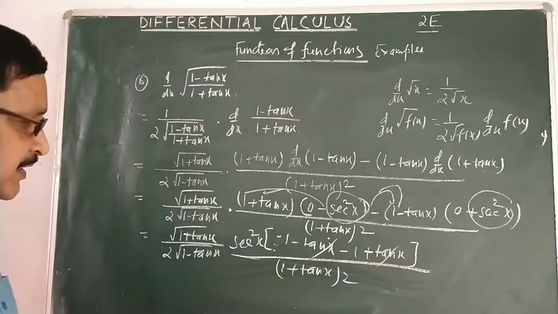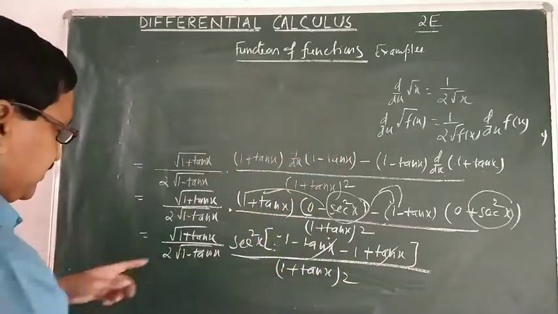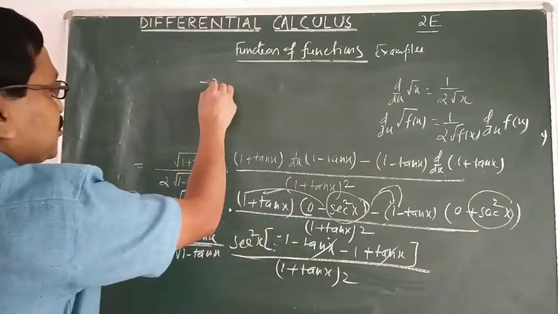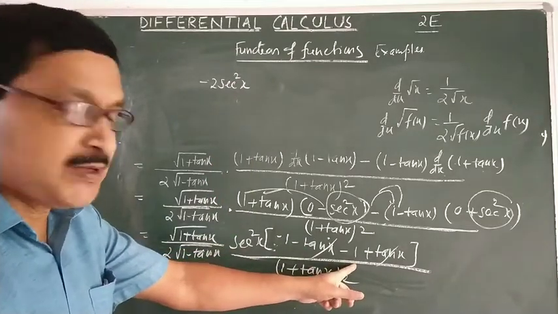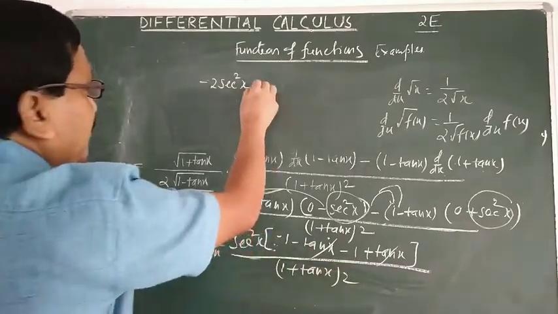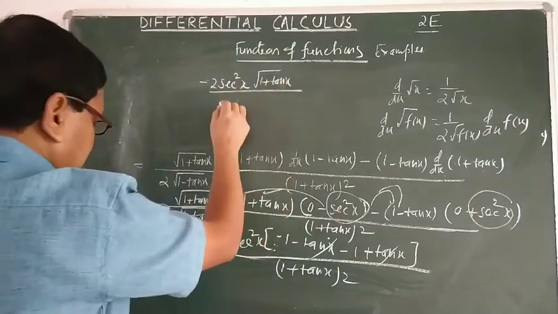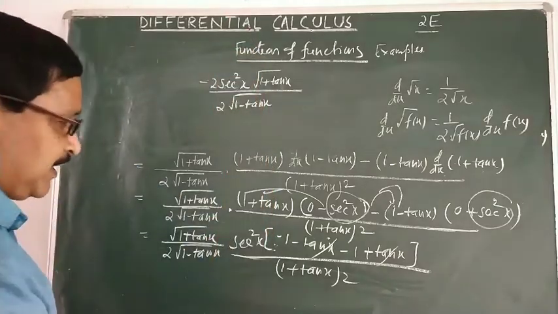Now the tan x cancels and you are getting the final answer. Just see this: sec square x and minus 2. So minus 2 sec square x. This is minus 2 minus 1 minus 1, so minus 2 sec square x root 1 plus tan x by 2 root 1 minus tan x. So this is your final answer.